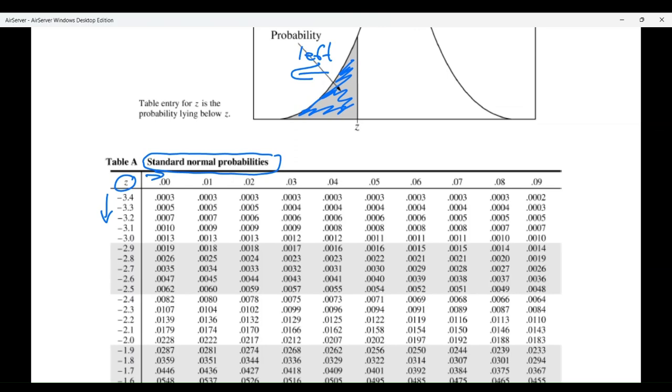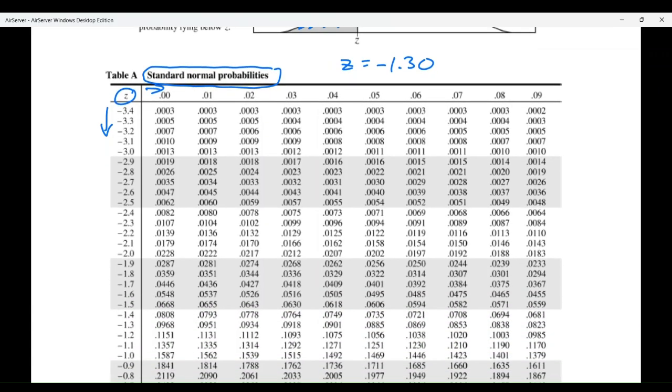And then across the top, it's giving you the second decimal place, 0, 1, 2, 3, and so on. So in our case, where we want a z-score of negative 1.3, we're looking up z equals negative 1.30. I'm going to go down to negative 1.3, which is here, and then 0, which is the first column.